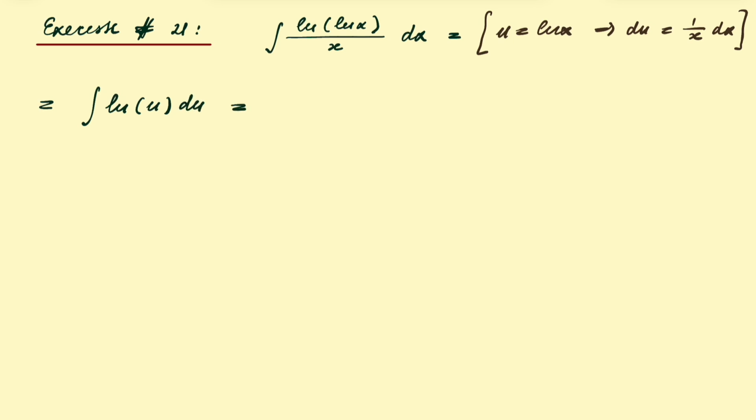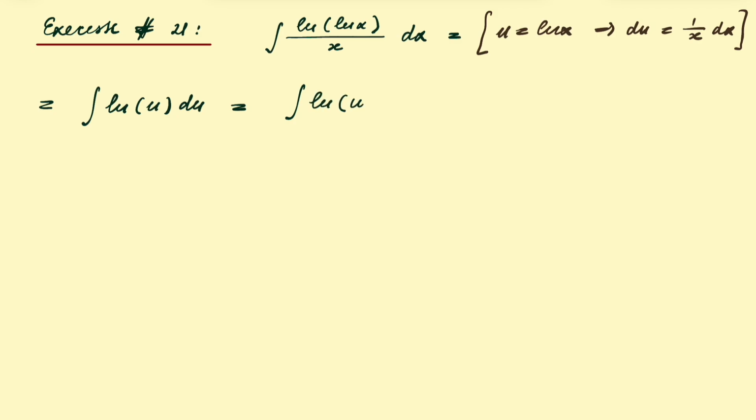Now the next step is to evaluate this new integral that we found, and for this we'll use the trick that we used in the last two videos of this sequence. It's the trick that we can express the function as that function times 1.